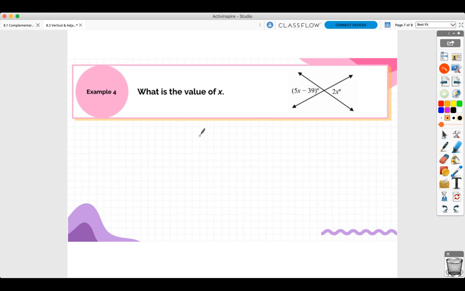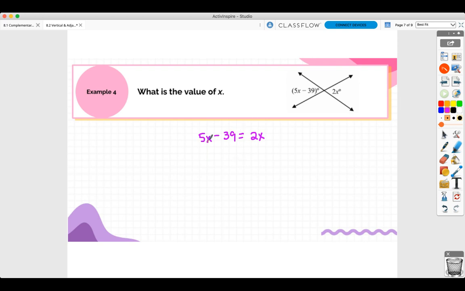All right, welcome back. So 5x minus 39 is equal to 2x. And this time we have variables on both sides. I don't know if you remember or have forgotten how to do it. Couple of ways you can go about it.